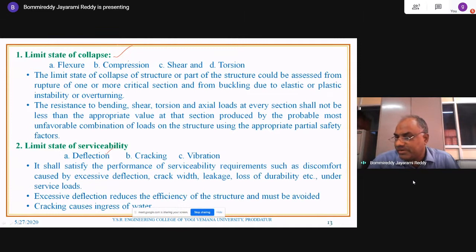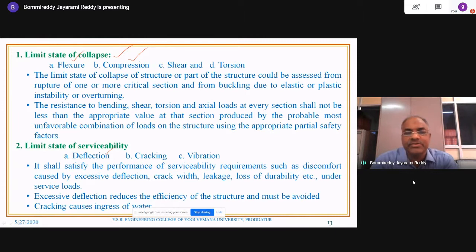Compression is particularly for the columns, and there is no tension there. Because of flexure, tension may occur, that is flexural tension, and because of shear and torsion, tension may also occur.